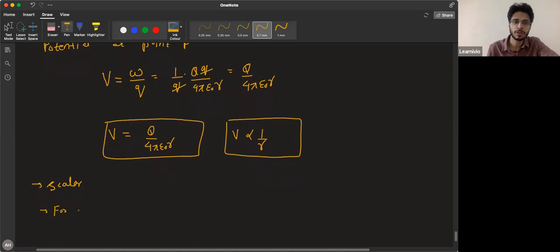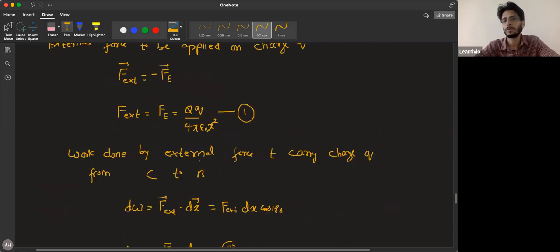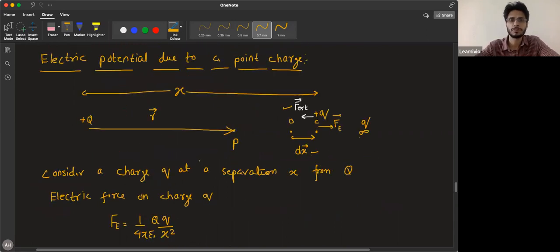So for a positive charge, potential is positive, and for a negative charge, it's negative. So this is the derivation. This is how we calculate potential for a point charge. Note it down.